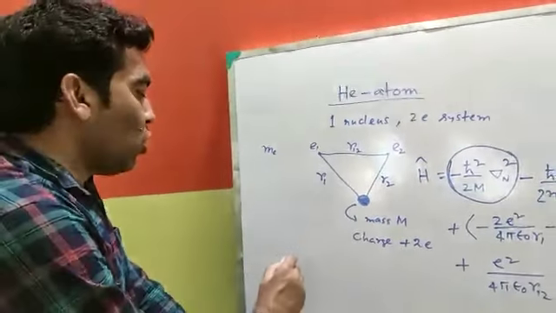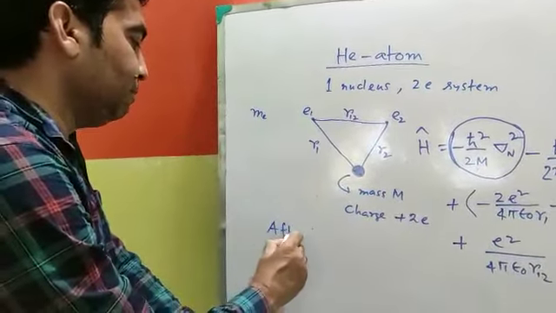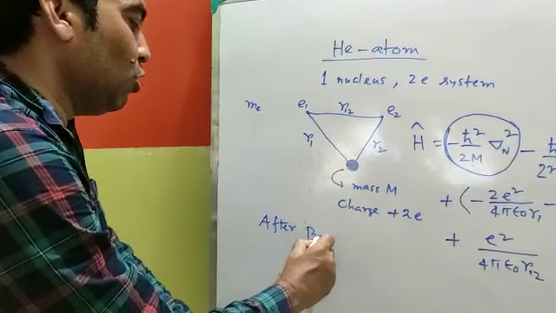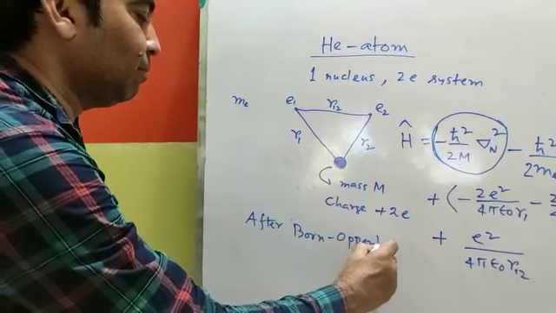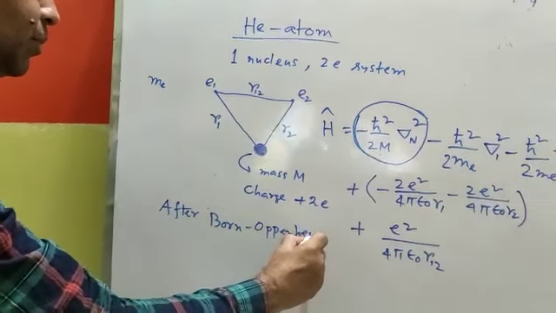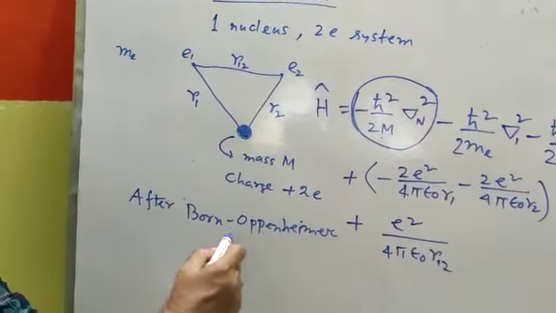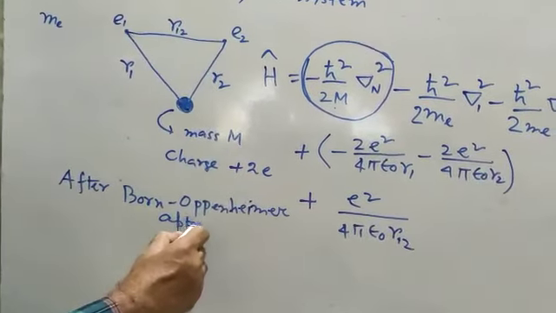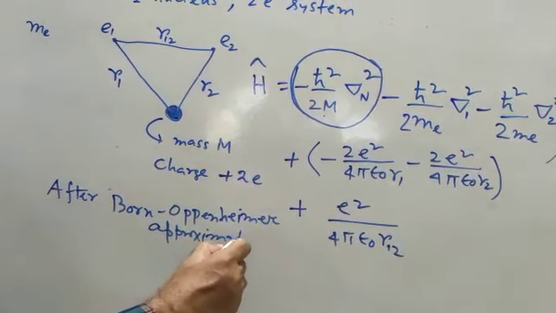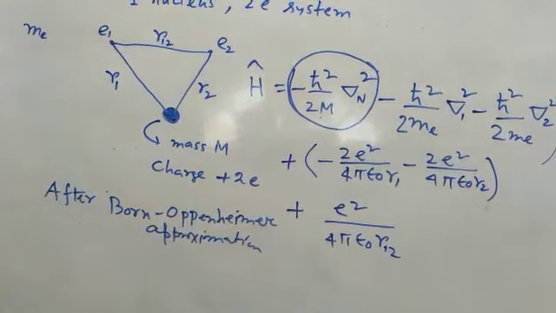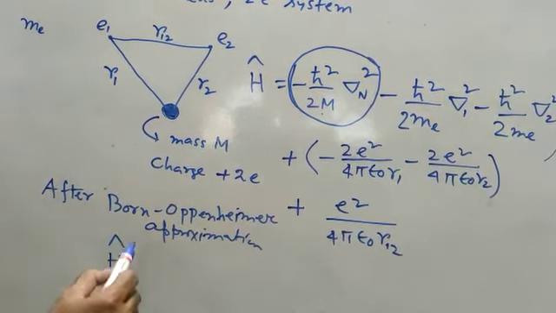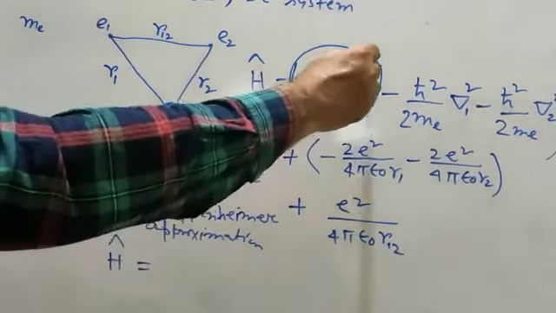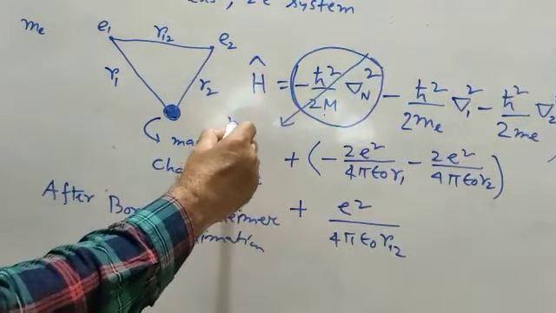So after the Born-Oppenheimer approximation, the equation of the Hamiltonian will be simplified a little bit. We can write it as H operator. This part will be negligible. We can neglect this part.